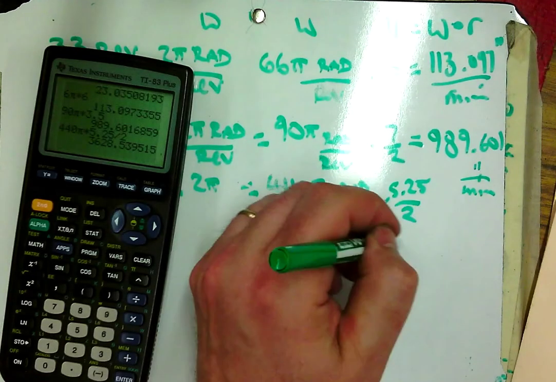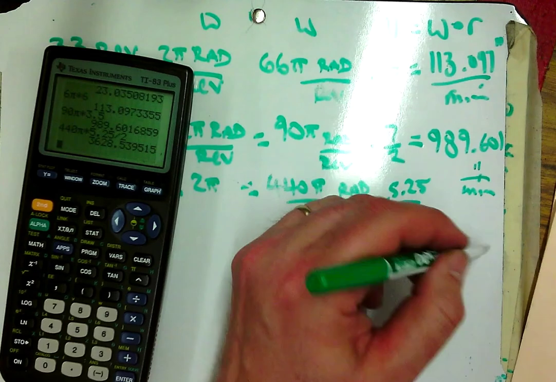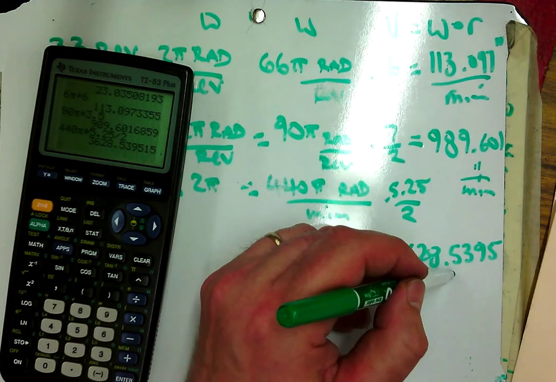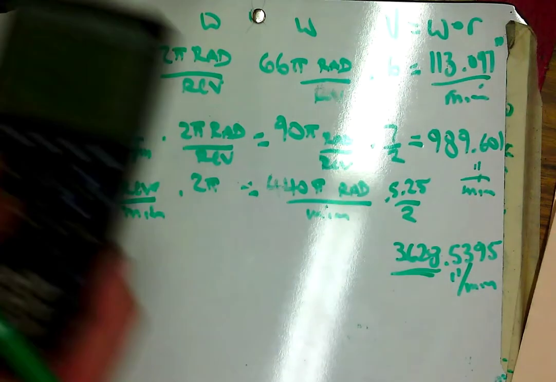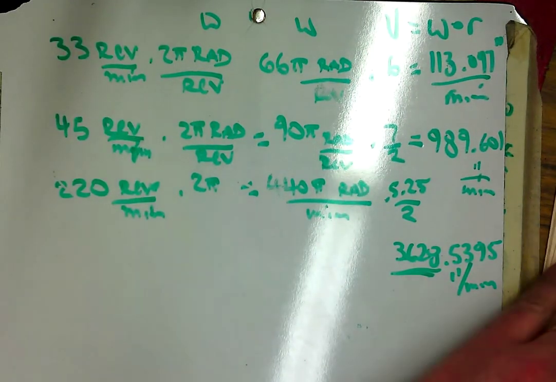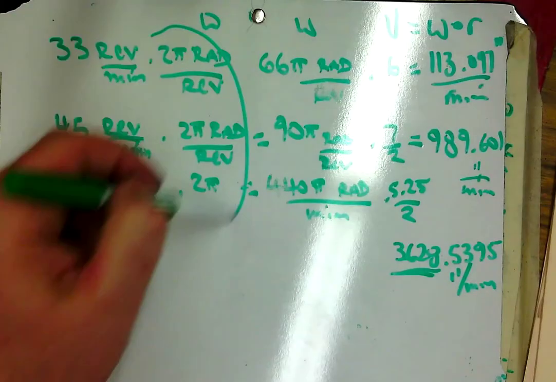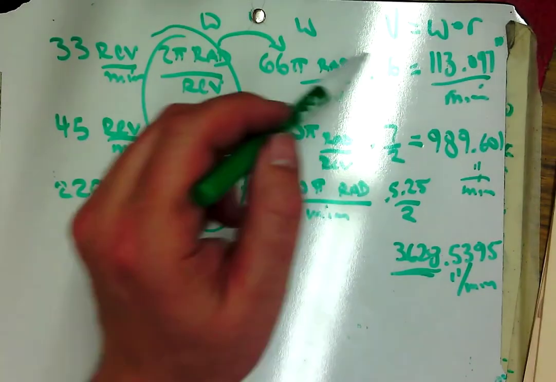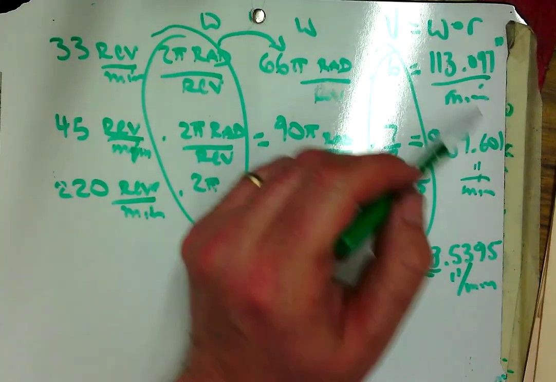And I get 3628.5395 inches per minute. Wow, those CDs spin fast. Okay, station 10. We just had to multiply by 2 pi to find angular velocity, and then once we had angular velocity, we multiplied by radius to find linear velocity.